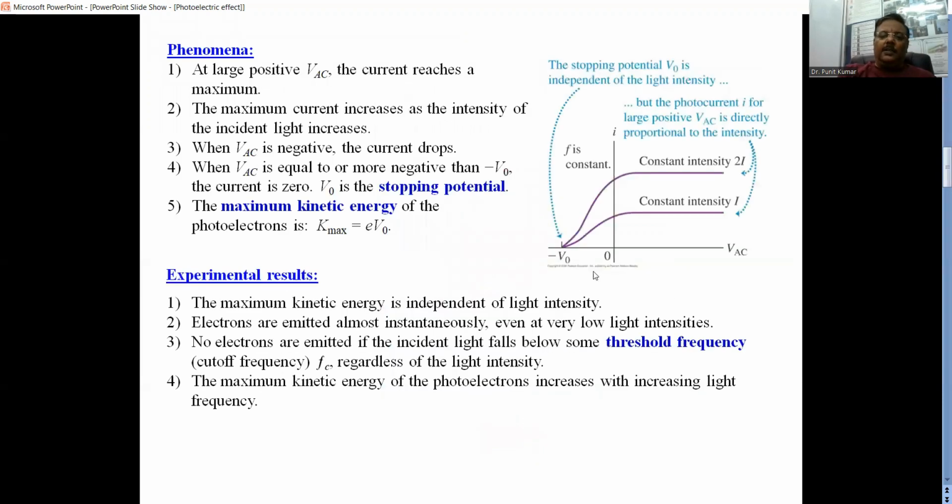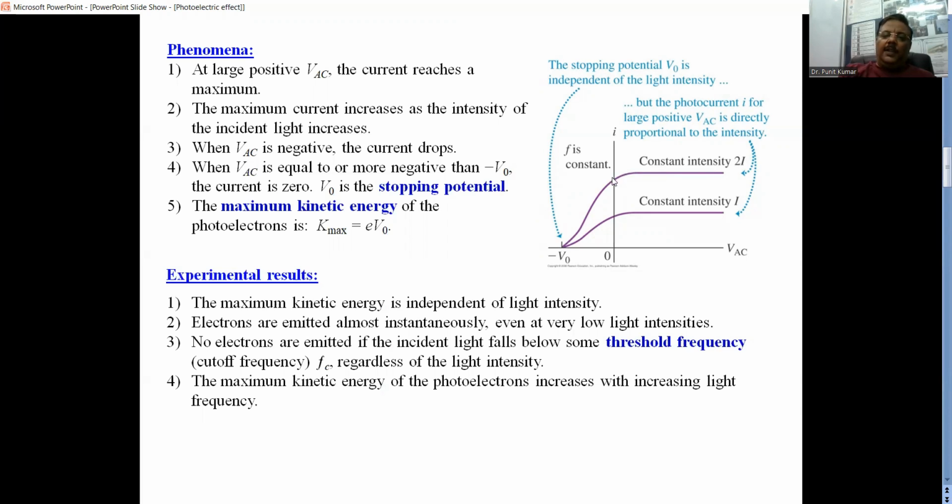And if we plot a graph between the photocurrent and the applied voltage, we get this kind of a curve. So in the forward biasing, there is an increase in the photoelectric current, which becomes constant.